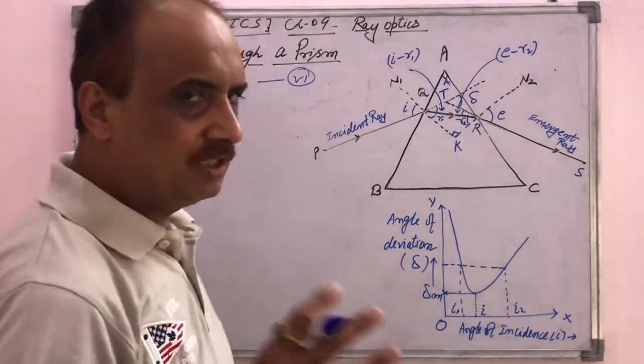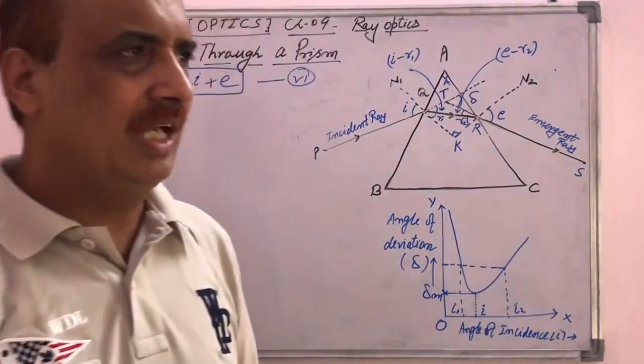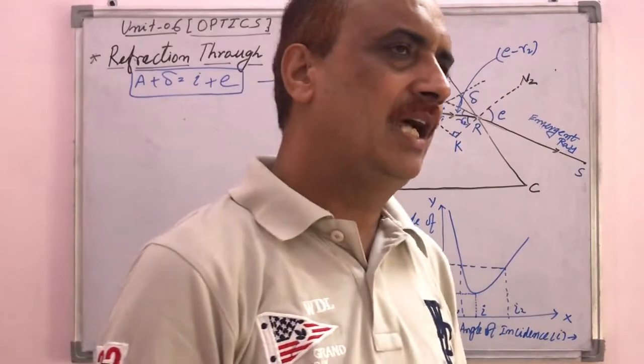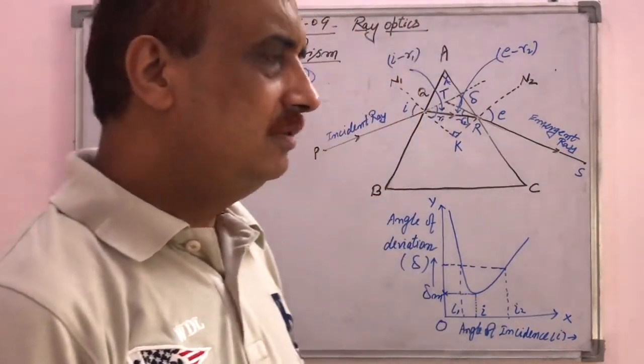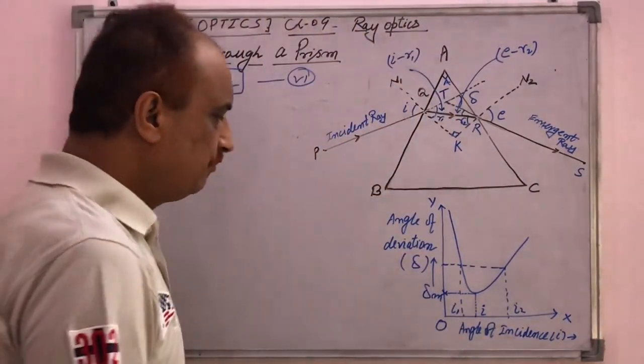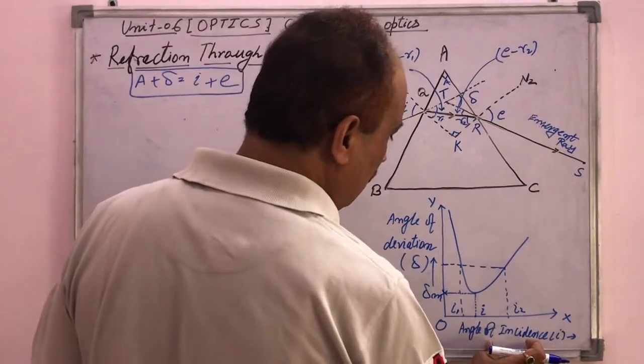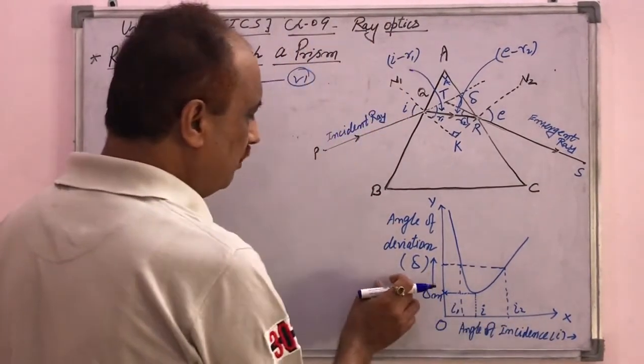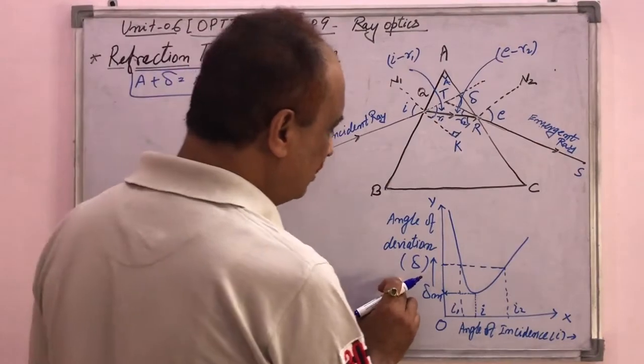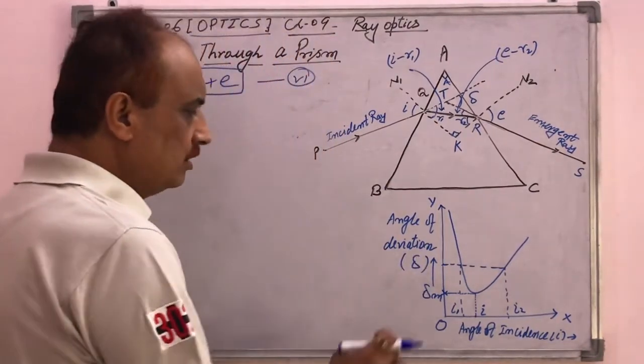When we collect the data, we draw a graph between them, taking angle of incidence on the x-axis and angle of deviation along the y-axis. When we draw the graph, it is like this.